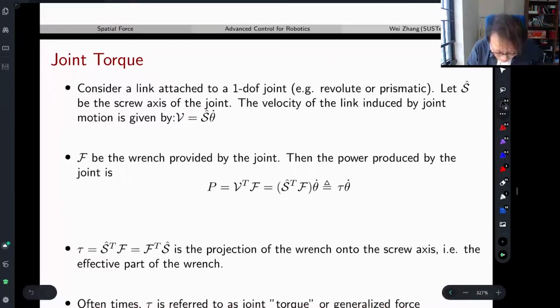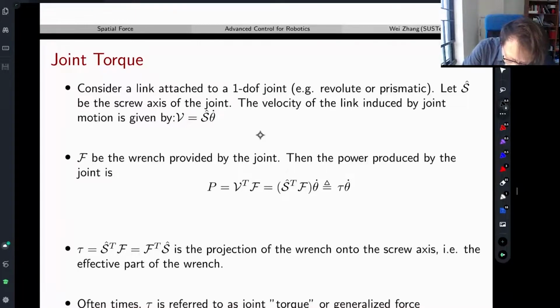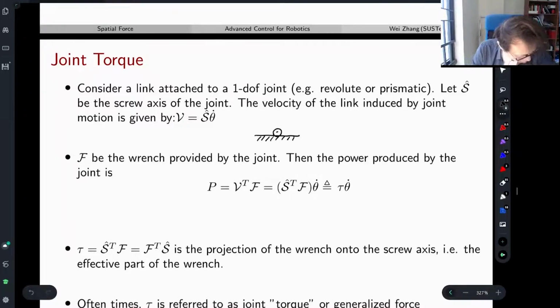Let's see how we can rigorously argue through that. Suppose we have a joint. Let's say this is our joint, and this is our link or body, and it has a velocity. This is a twist or spatial velocity. Because this joint connects with the body, there must be a force the joint applies to the body.